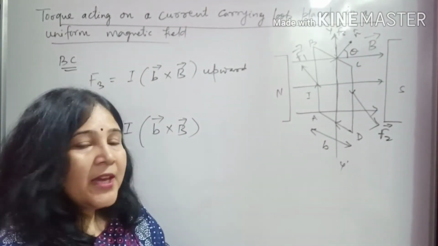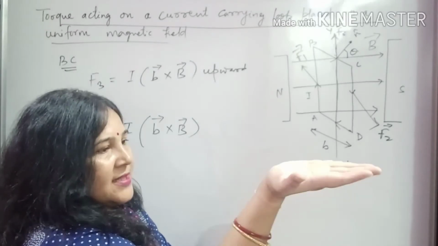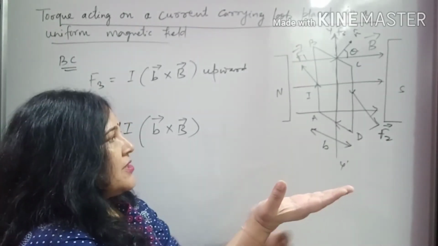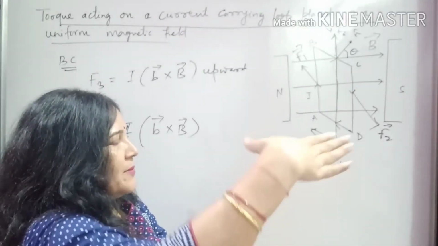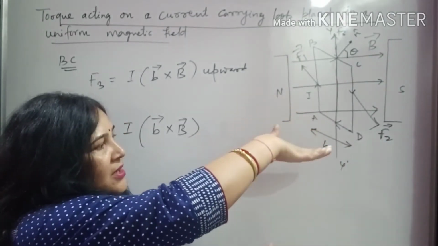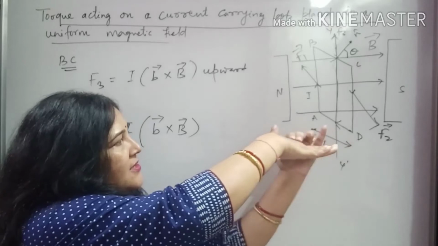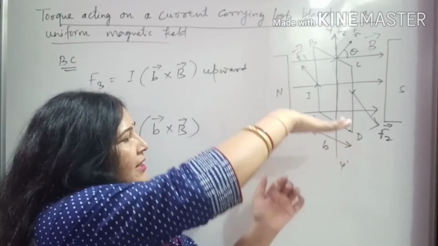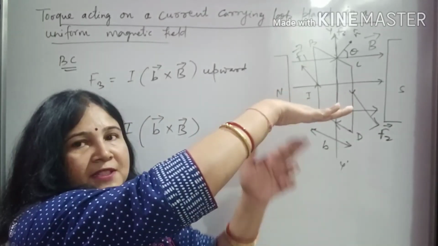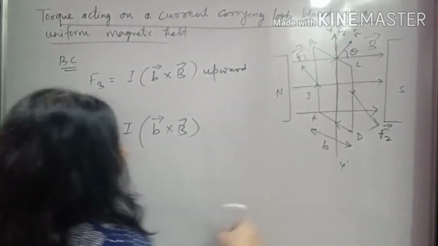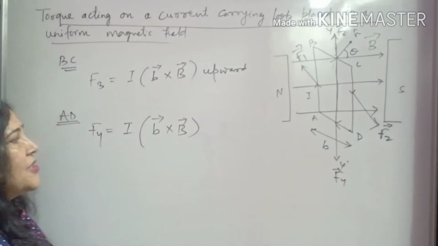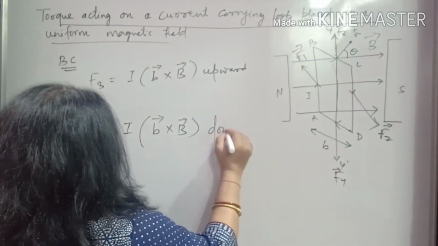I'm stretching the fingers pointing in the direction of the magnetic field, and the current is this one, so I have to go this way. Then in which direction is the palm facing? It is facing downward. So the force F4 will act in the downward direction.